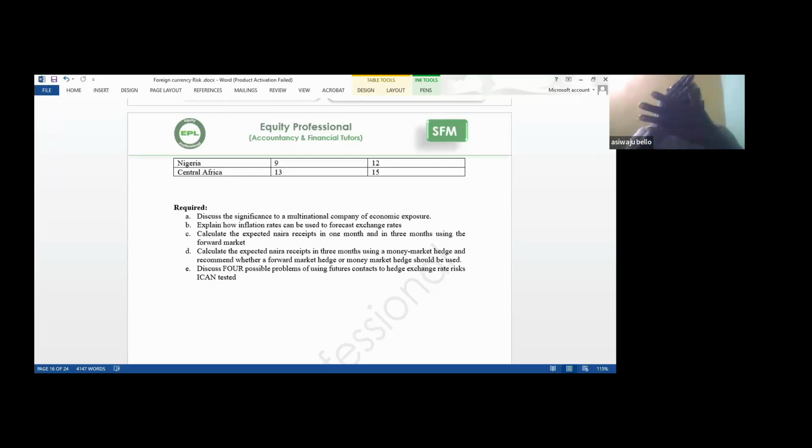What this question is testing is the purchasing power parity theory. The theory states that the differences in exchange rates between two currencies is as a result of differences in inflation rates between the countries.